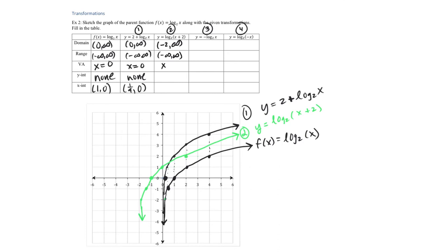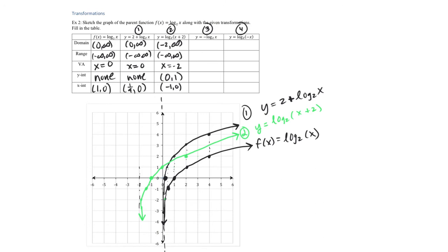And now our vertical asymptote is right here, because the parent graph has the vertical asymptote at x equals 0, so now we're at x equals -2. We do have a y-intercept at 0, 1, and we have an x-intercept as well at -1, 0.